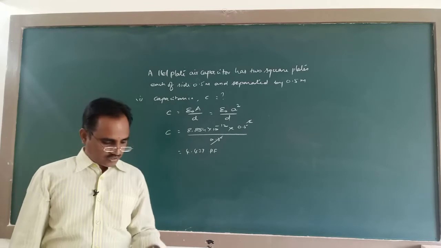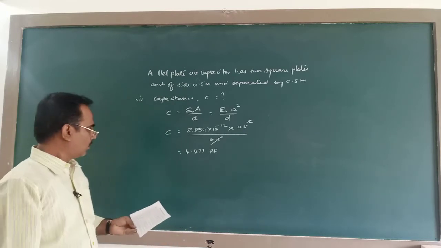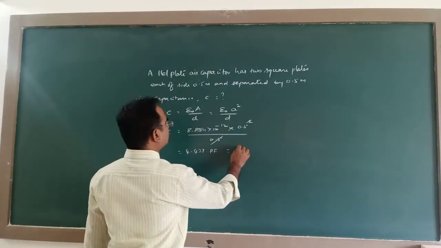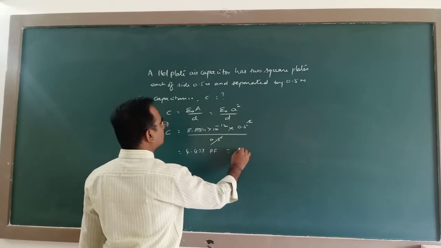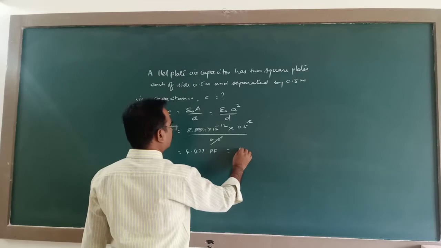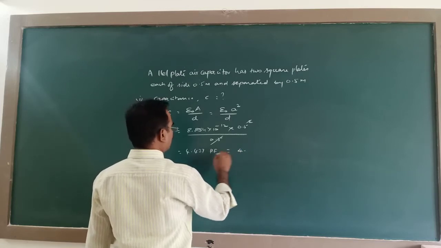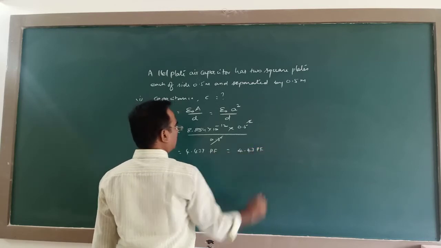So this is the capacitance. If I round it off to 2 digits, it can be nearly 4.43 picofarad.